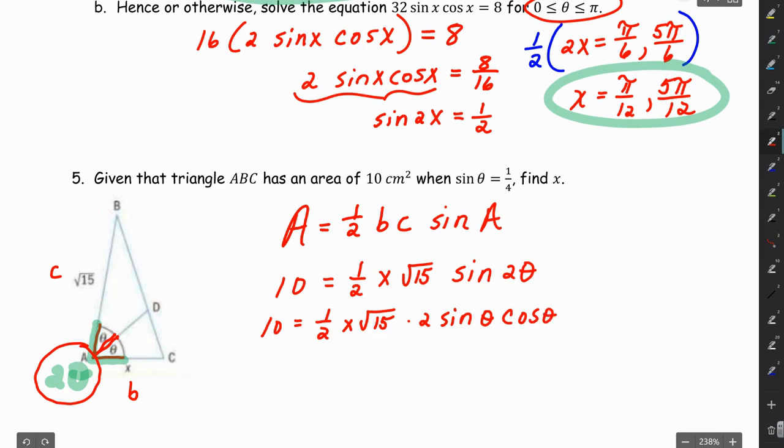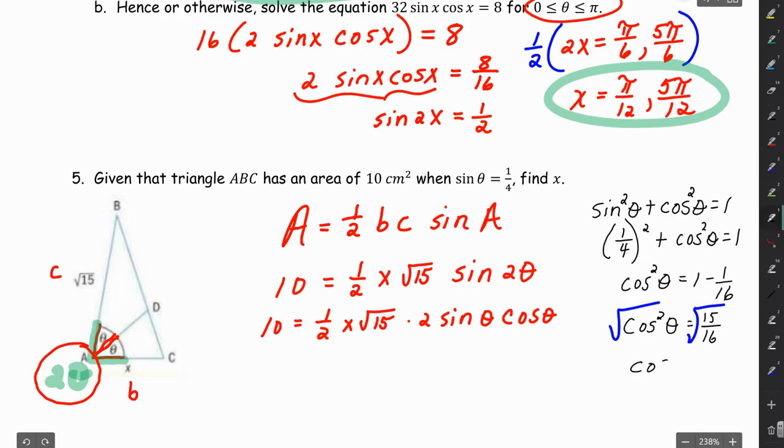And that's wonderful, except we don't know what the cosine of theta is, so we're going to have to use our friend sine squared plus cosine squared equals 1. Remember, we can always use this Pythagorean identity when we want to either solve for sine or cosine, and we have one or the other.